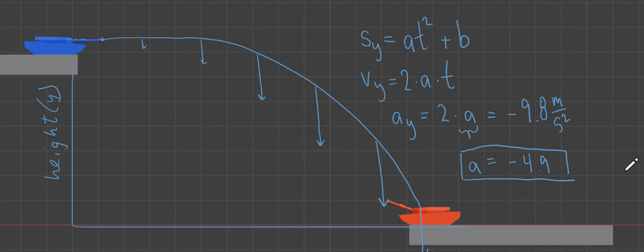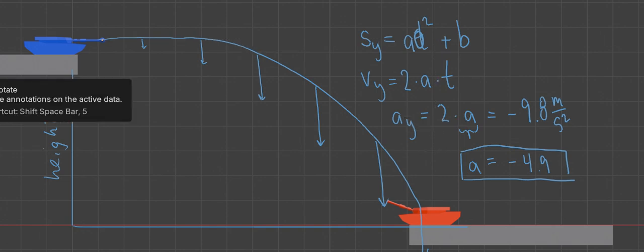Next thing we want to notice is that the projectile's initial velocity in the y direction is 0. The moment that the projectile leaves the barrel, it's not going down or going up. So at time equals 0, if I put 0 in place, the y location of the projectile is equal to 6.76.